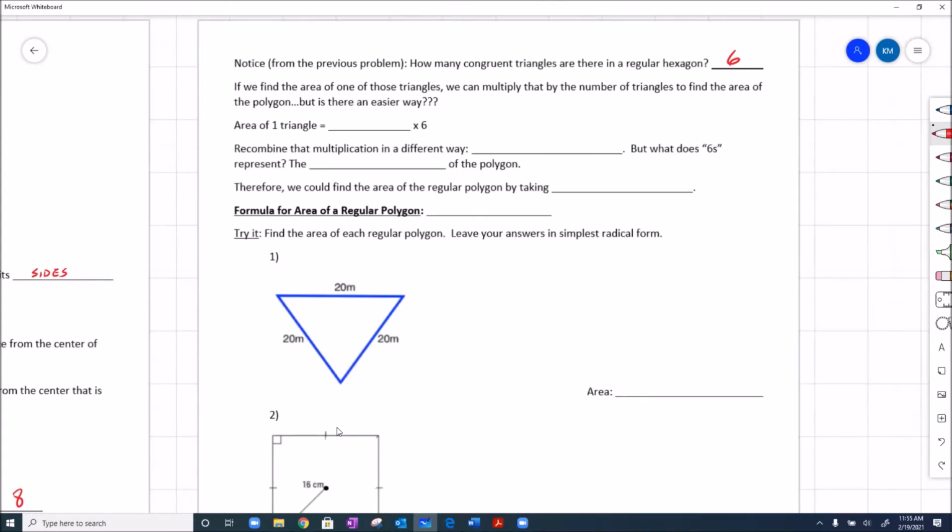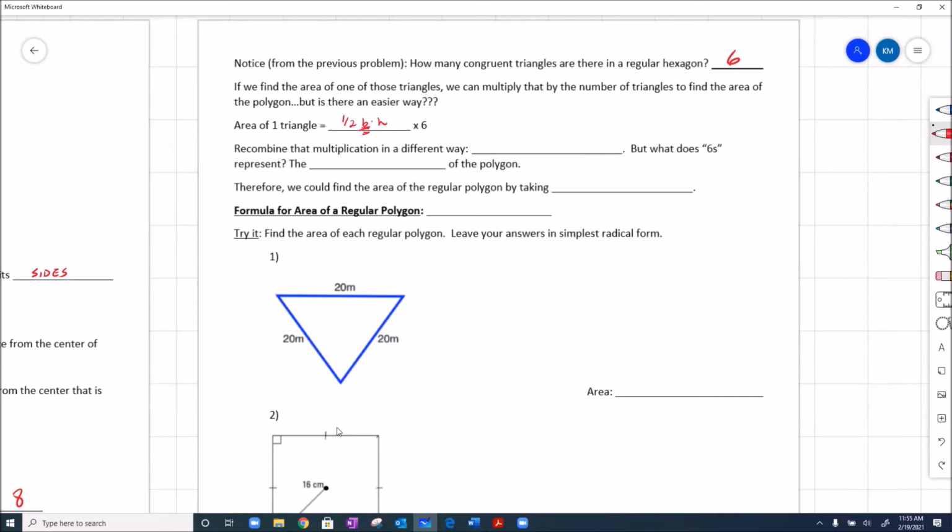Area of a triangle is 1/2 base times height times 6. But what we're going to do is recombine this multiplication in a different way. Instead of talking about it as base, we're going to think about it as a side.